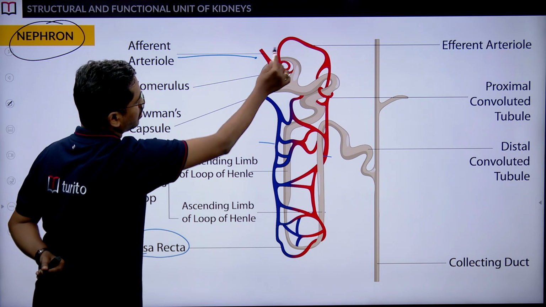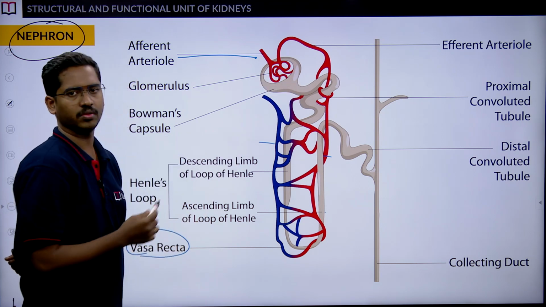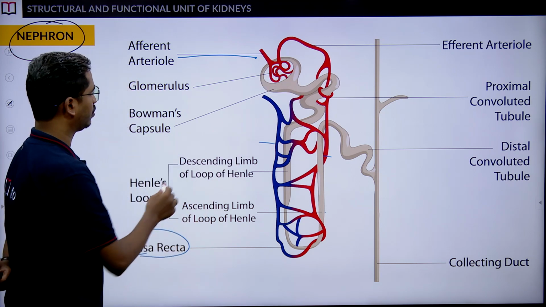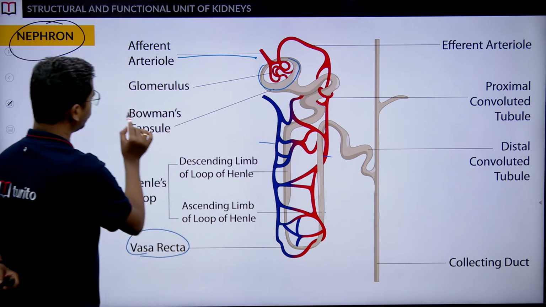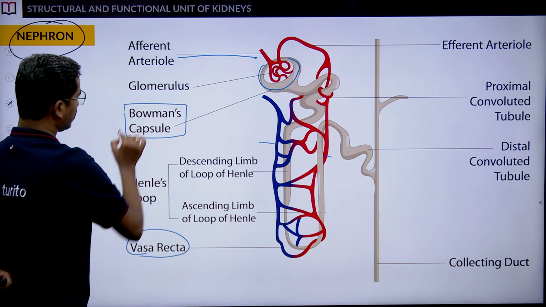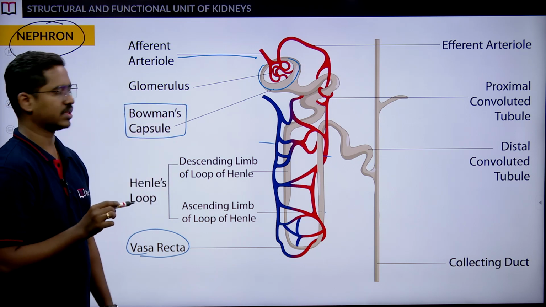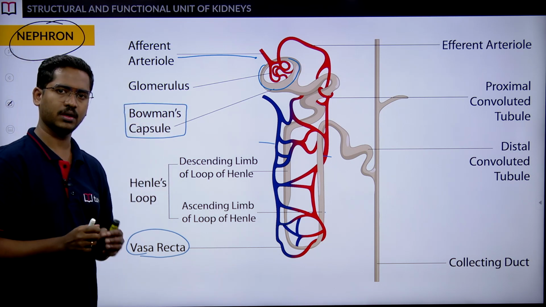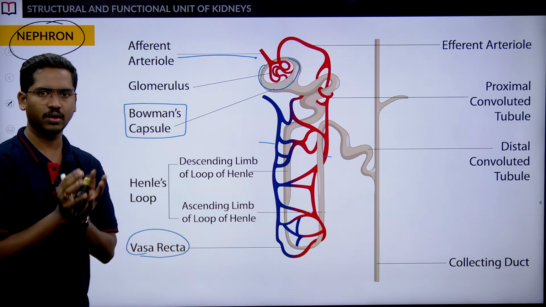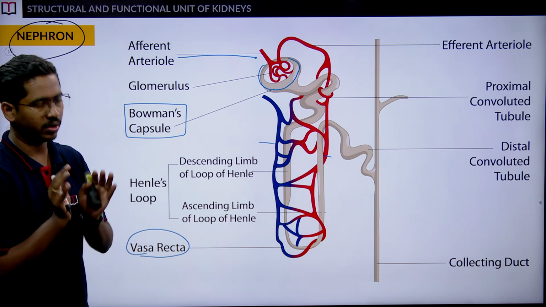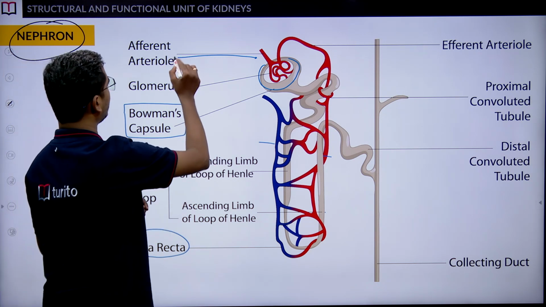This whole system is known as Bowman's capsule. This structure is Bowman's capsule. It is named after the scientist Bowman. That capsule holds a network of artery, only the network of artery, as you see here.